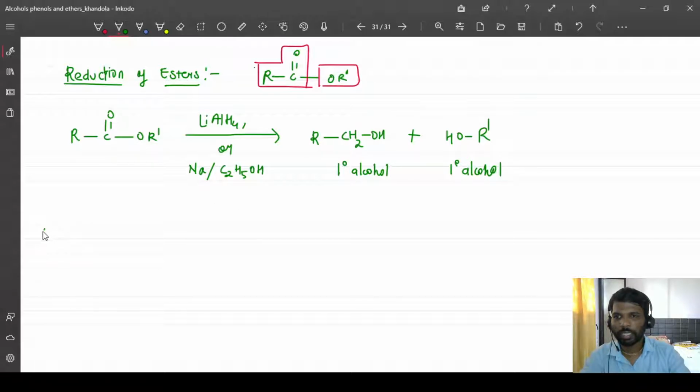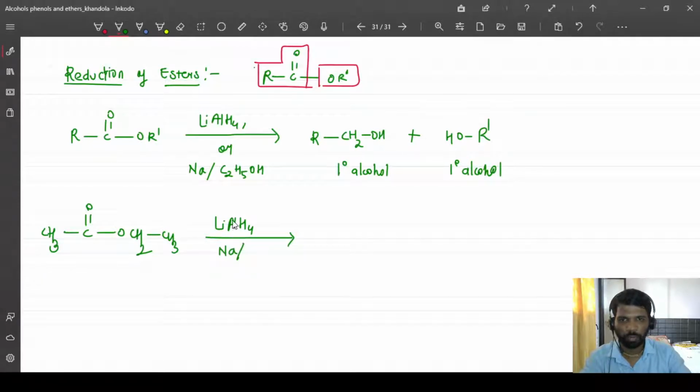If I take this example of the ester, CH3 C O, and this group I am taking is methoxy, and I am using the reagents lithium aluminum hydride, or sodium with C2H5OH.